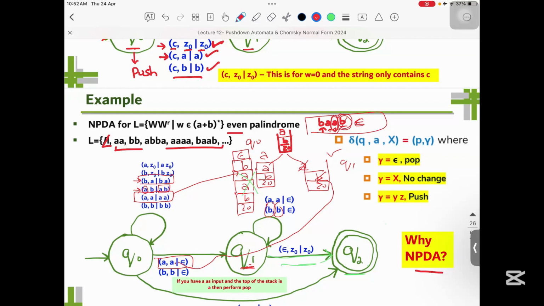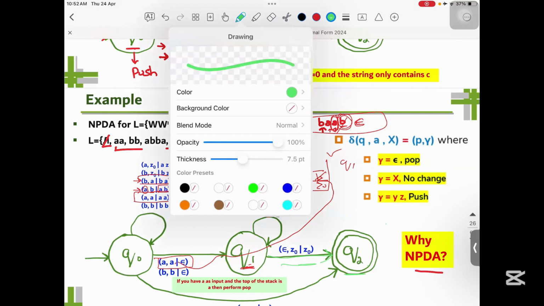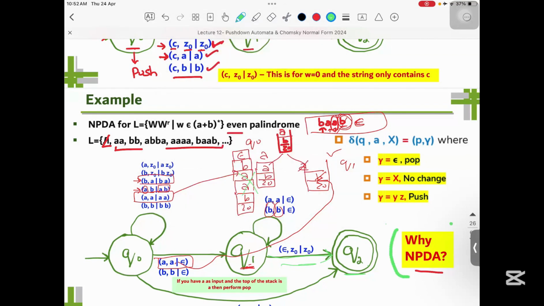It will follow all the possible paths, and then it will ultimately find out whether it's a palindrome or not. That is the reason why PDAs are basically non-deterministic, because for the same thing multiple paths are defined. It will execute all the possible paths, and if even in one of the paths it reaches the acceptance state, then no need to check the other paths.